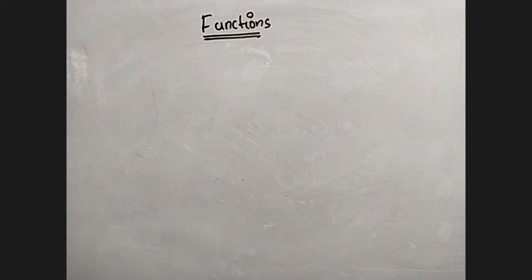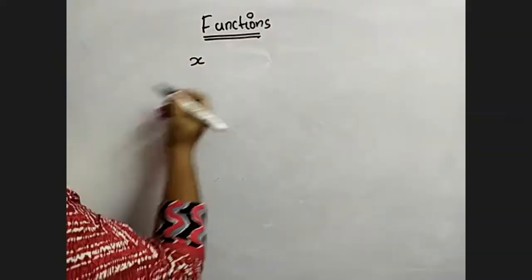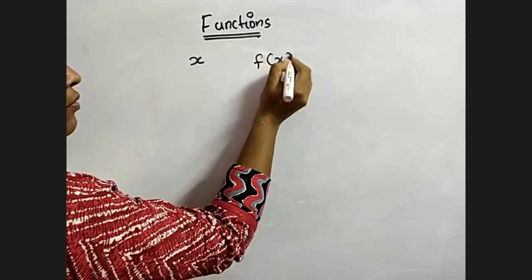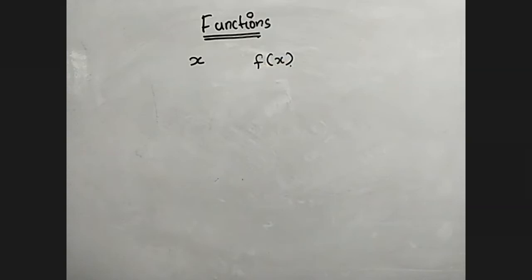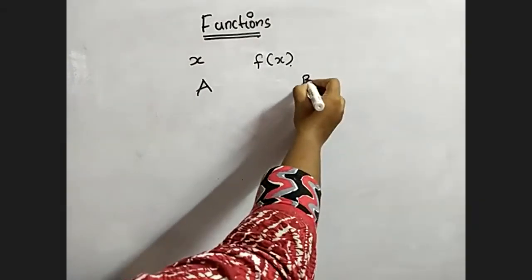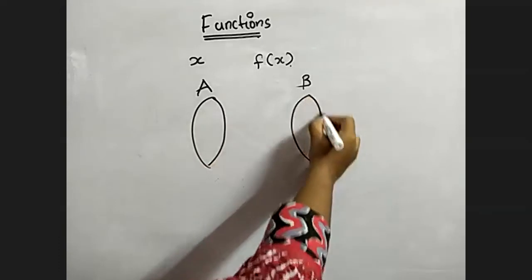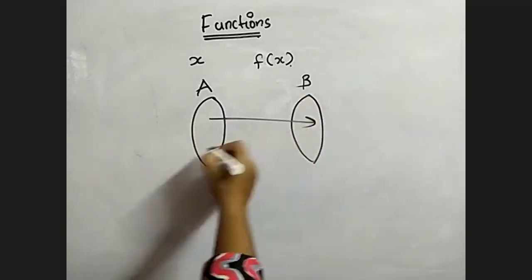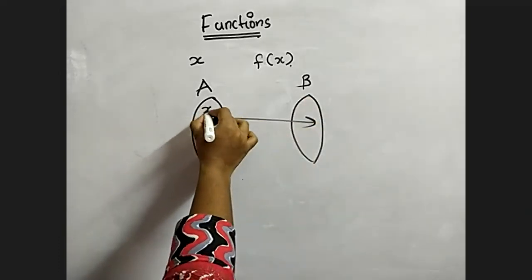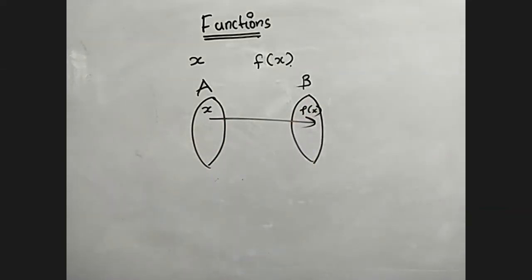Functions means, suppose x is a variable, a function is denoted as f of x. So in sets also we can define functions. That is, we have a set over here, we have a set over here. We can define a function from here. That means if x is here, we can define the function to this f of x.